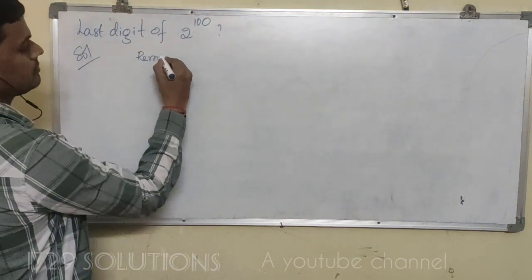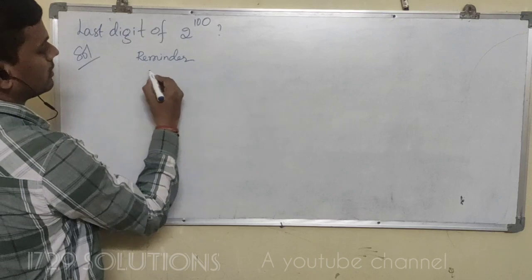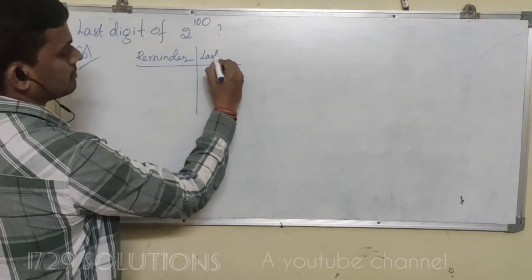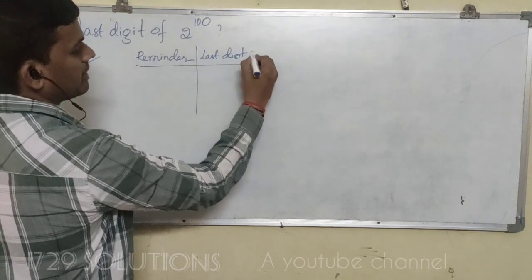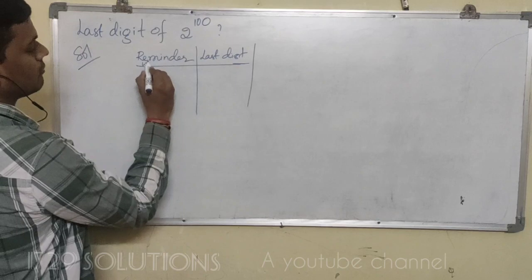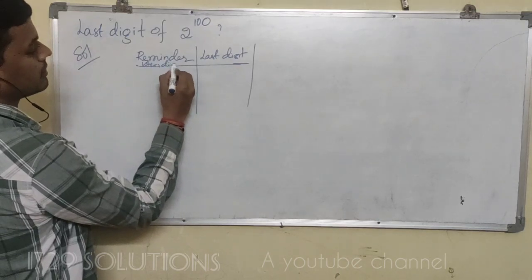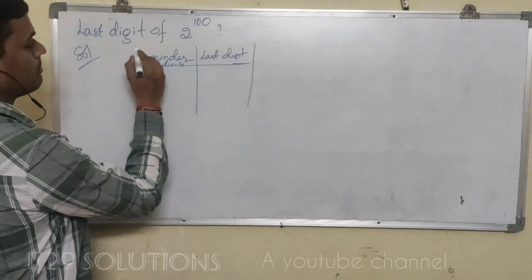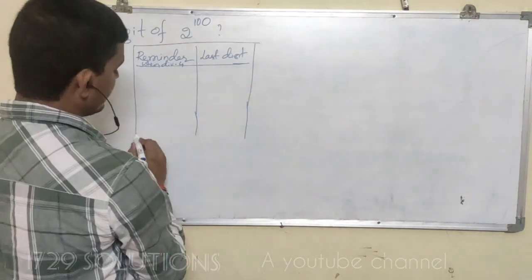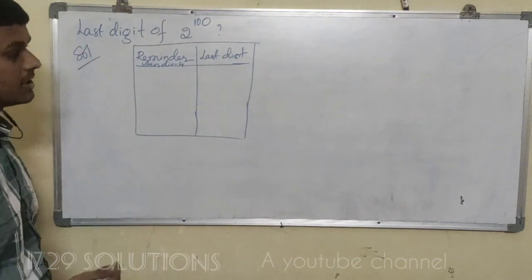The table has the remainder and the last digit. The remainder when dividing by 4. We already know the Euclid division lemma.